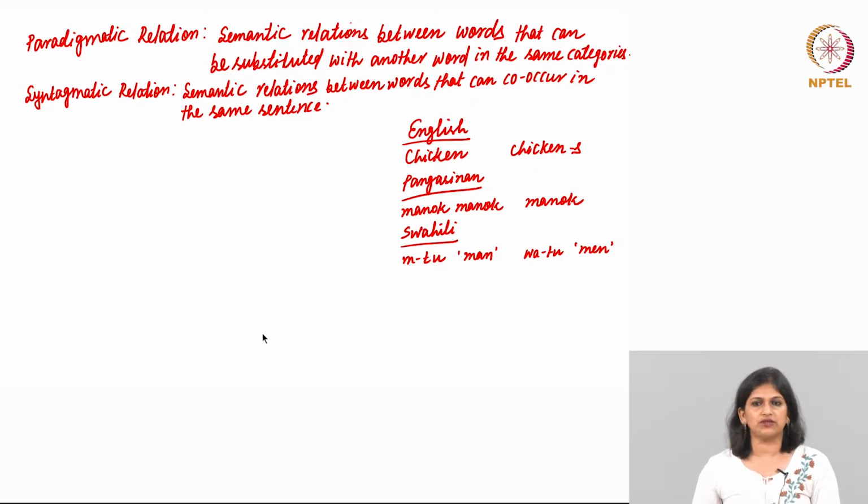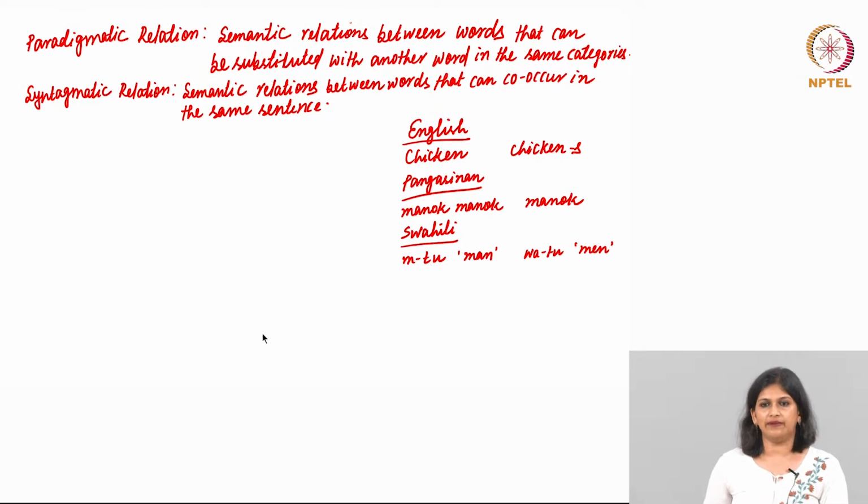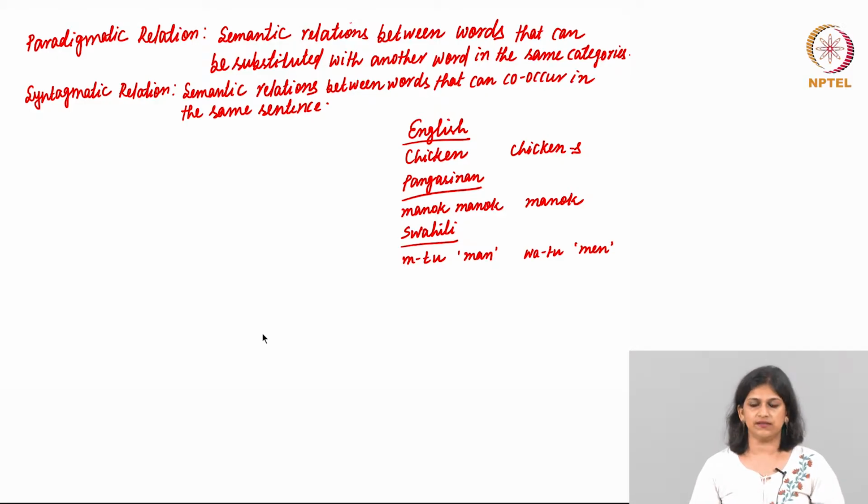So, the correlation between the simplicity of the form and the simplicity of the meaning can be stated like this: the one which has a more simple form will have less complex value. English has a different story. The singular is simpler, plural is complex. Pangasinan, singular is complex, plural is simple. In case of Swahili, in both the cases there are affixes. So, how to generalize this form?